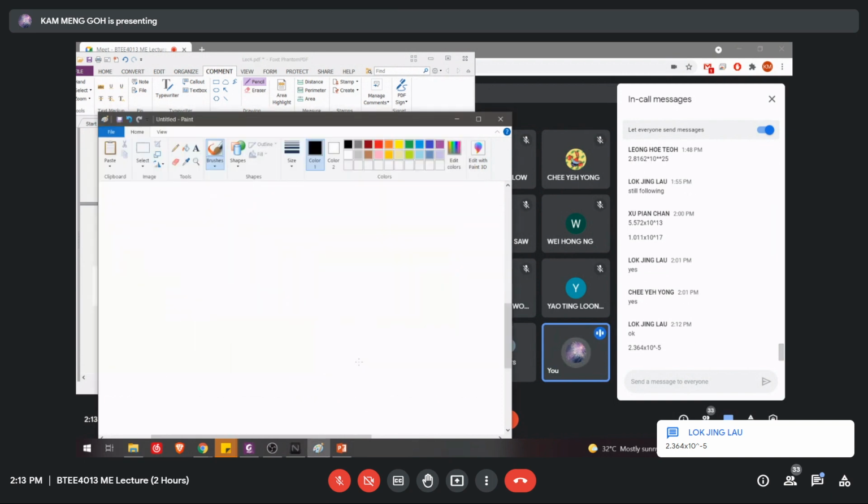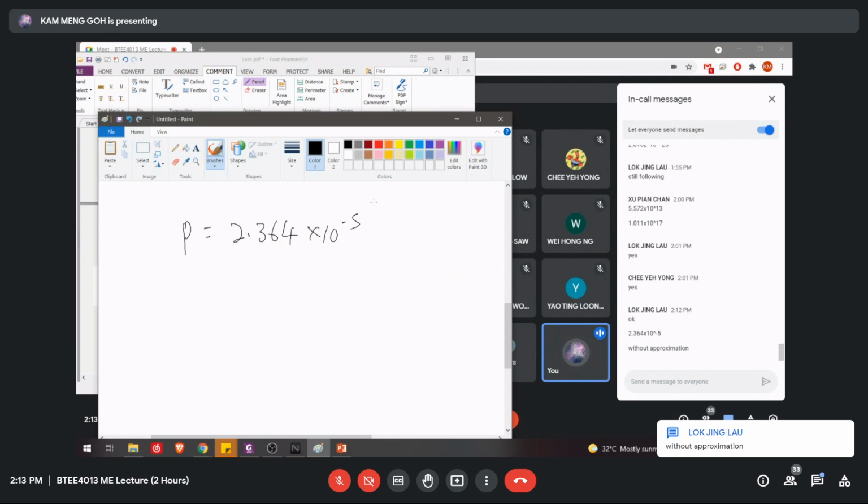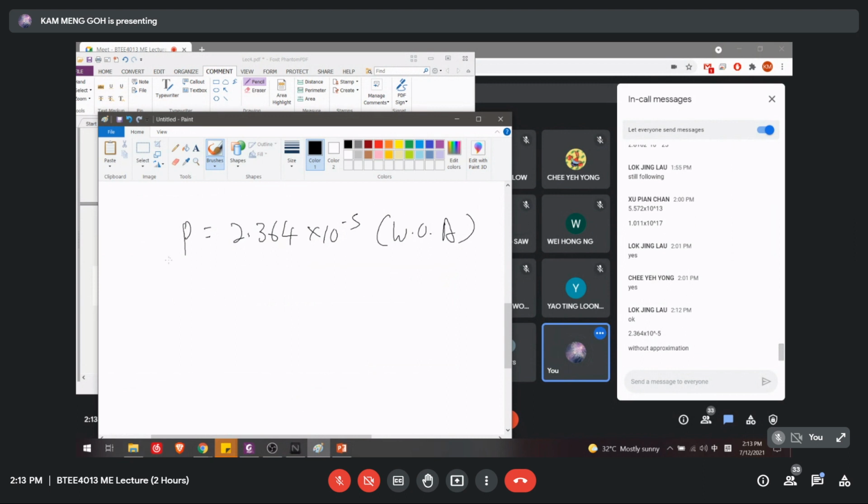Okay, now Lofting is saying that the probability is 2.364 times 10 to the power 85 without approximation. For the rest of you, do you get the same answer without approximation?